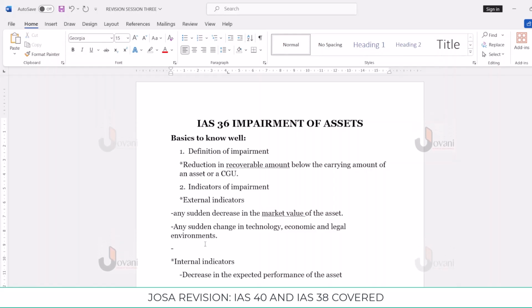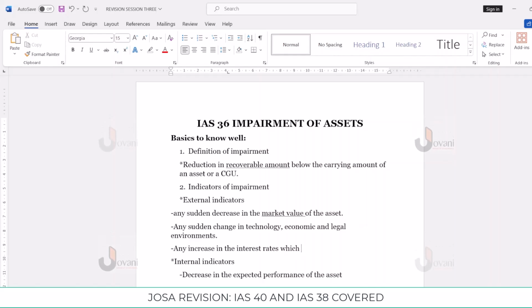So any increase in the interest rates, which of course, an increase in interest rate, what does it mean?